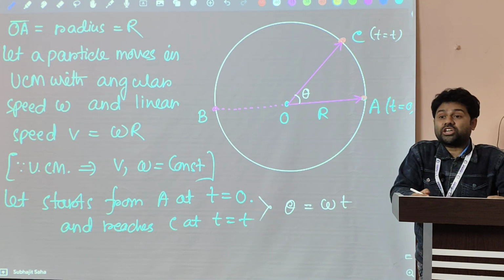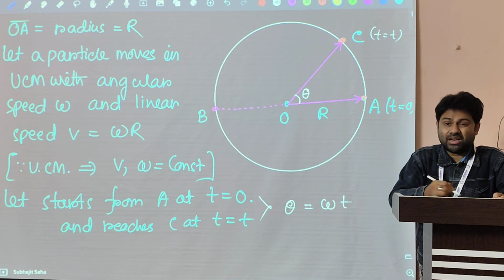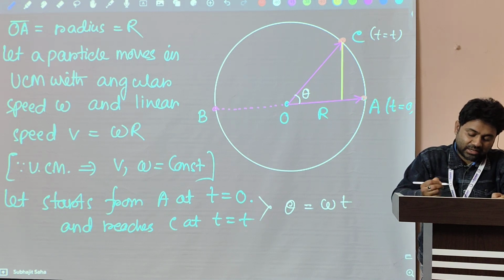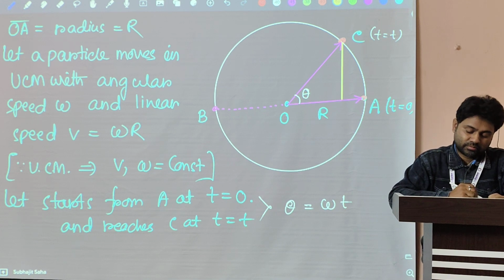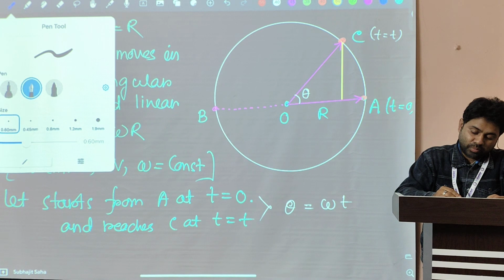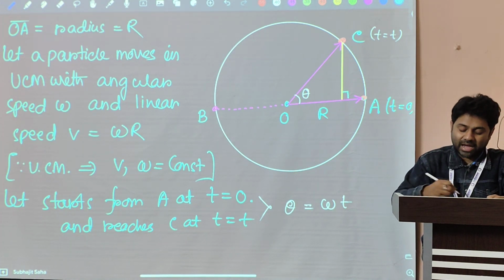Now let's draw a projection, I mean a perpendicular from C onto the diameter AB. I am showing the projection by the yellow line. This is the perpendicular. The yellow line is perpendicular to the pink line, the diameter.